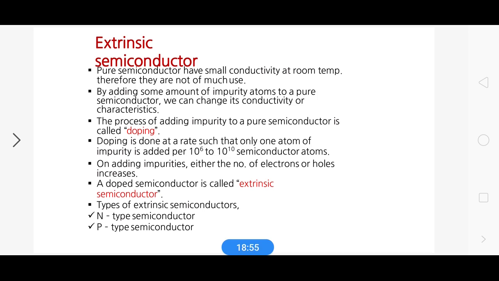By adding different types of impurities to the pure form, there are two types of semiconductors: N-type semiconductor and P-type semiconductor. This is the classification of semiconductors by adding impurities.